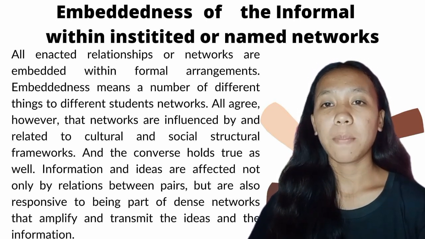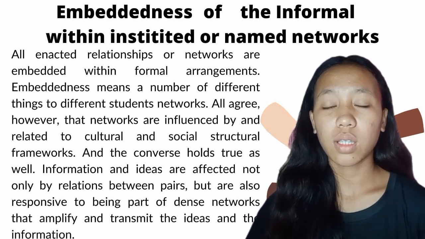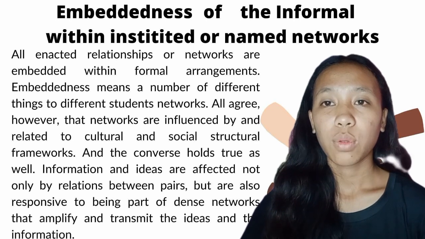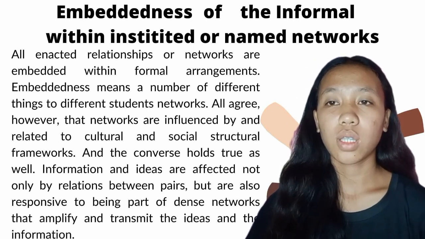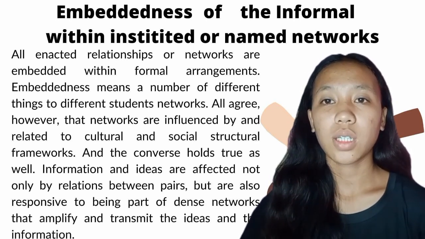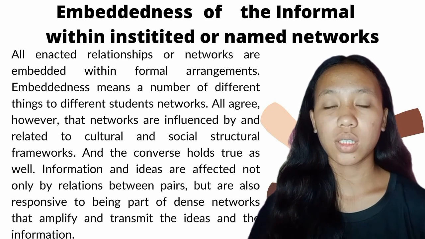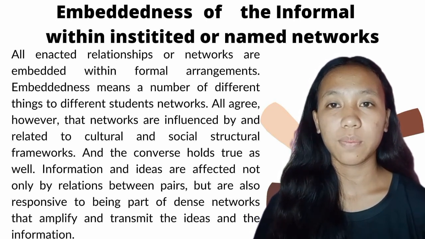So, when we say embeddedness of informal institution or named networks, it refers to their integration within a social or organizational context. These networks often exist within broader social structures, such as communities or professional circles, and are interconnected with the formal institutions.